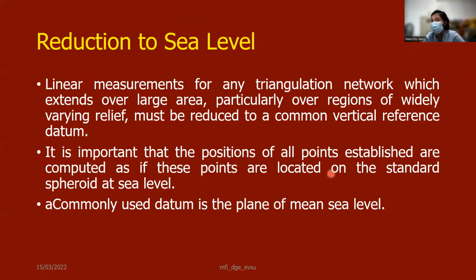So kung nasa bukid na natin ginawa ang measure na distance, we need i-refer natin into the mean sea level na measurement. This commonly used datum is the plane of the mean sea level. So yung ititrate natin na plane ay yung ating location ng mean sea level.